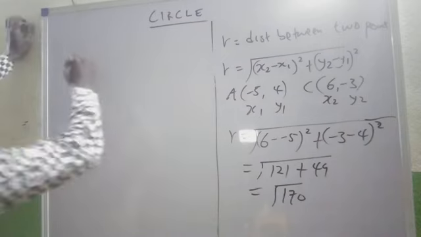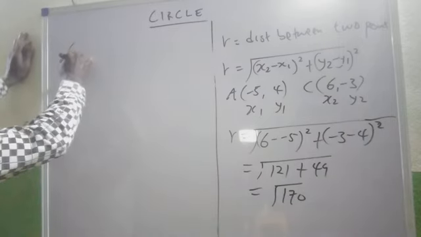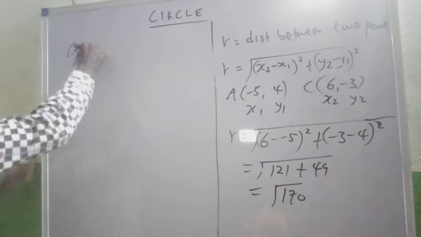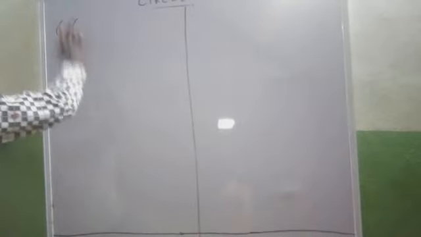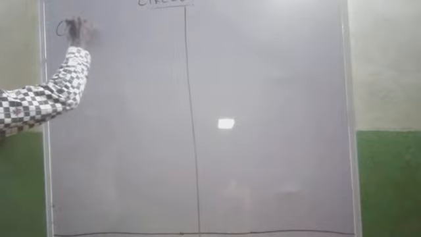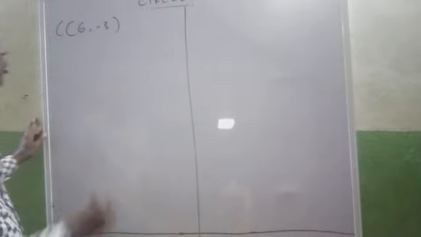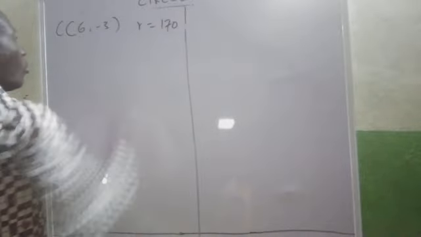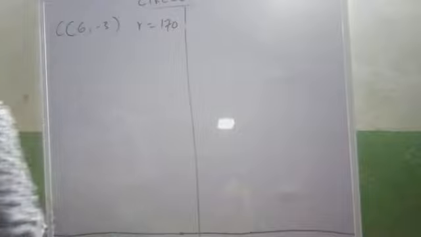Now, recall that the center is given to us as 6 and -3. So I'll have r equals the square root of 170.